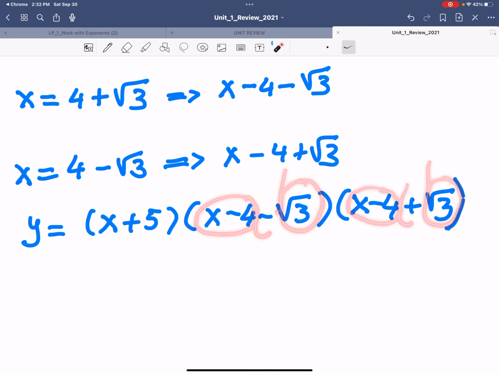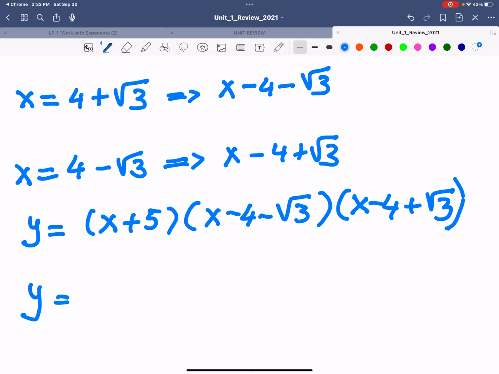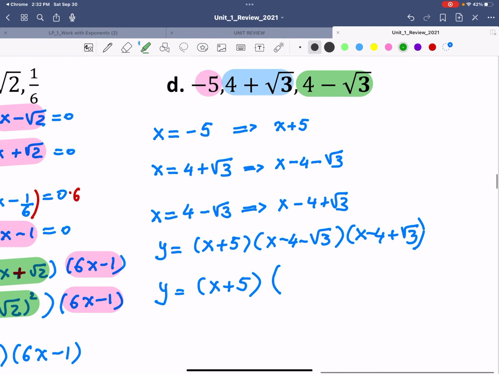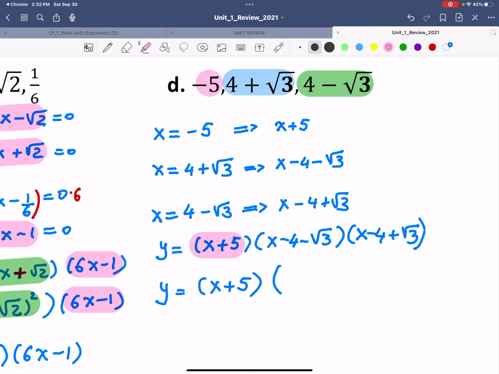So let's start expanding. So I will highlight it so it's a little bit easier for us to see it. Okay, so this is our x plus 5. And here we have x minus 4 minus root 3.